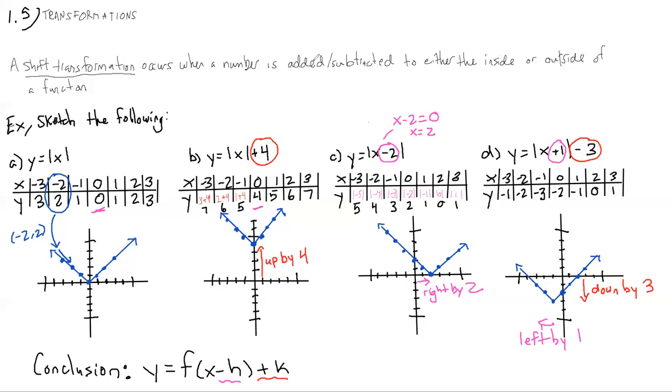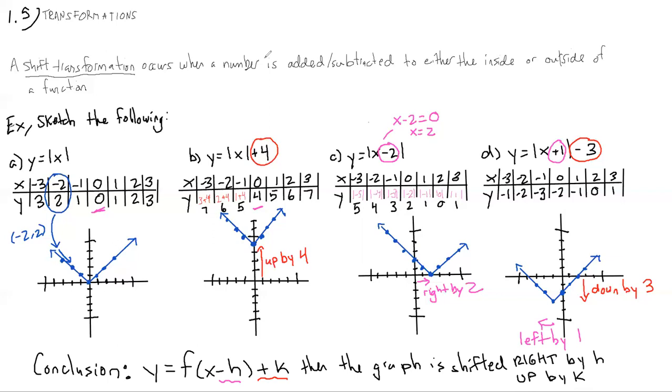Then what we're going to get is the graph will be shifted to the right by h, and then up by k.